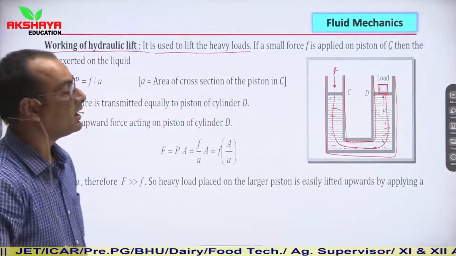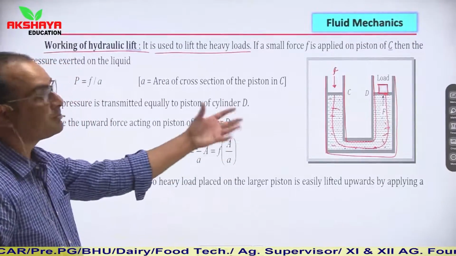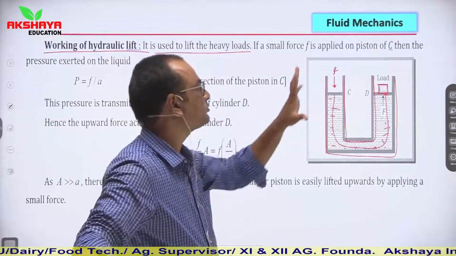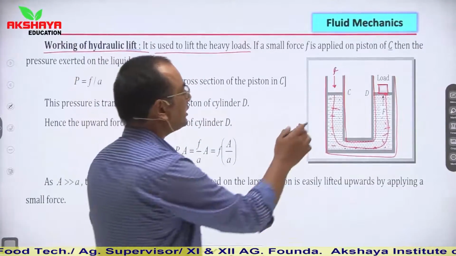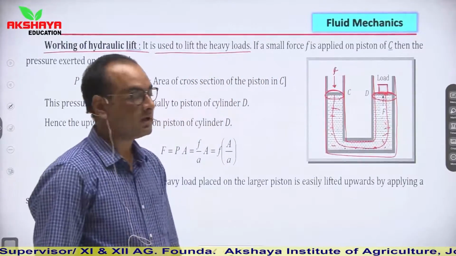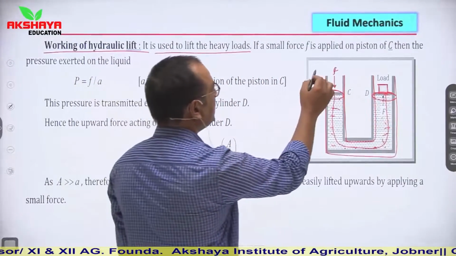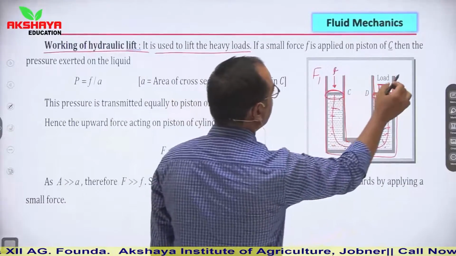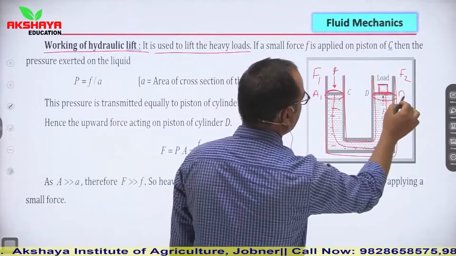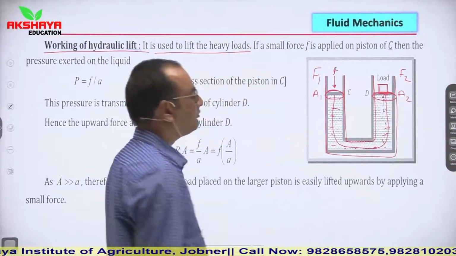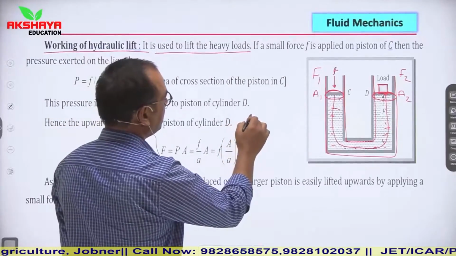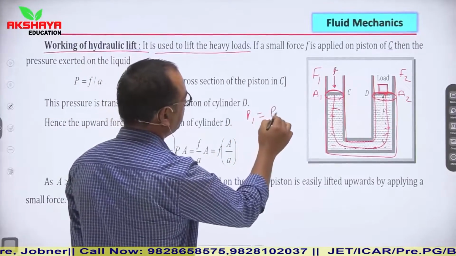So how is it used to lift the loads? By using the concept of Pascal's law, it transmits equal pressure. So what we can say is that total pressure at this point is equal to total pressure at this point. If I consider that here force is F1 and here force is F2, here area of cross section is A1, here area of cross section is A2, then P1 is equal to P2.